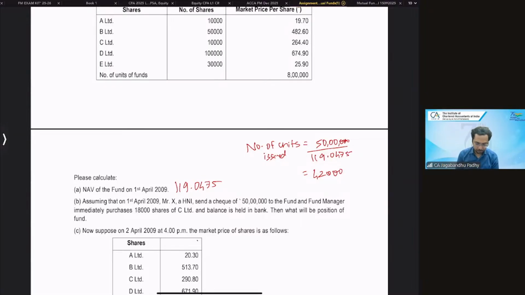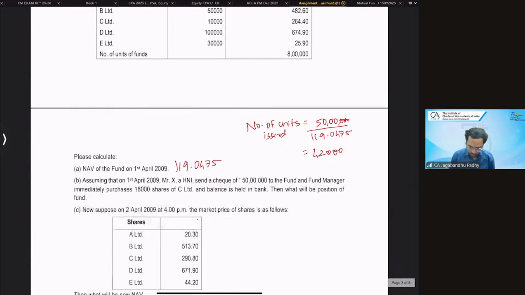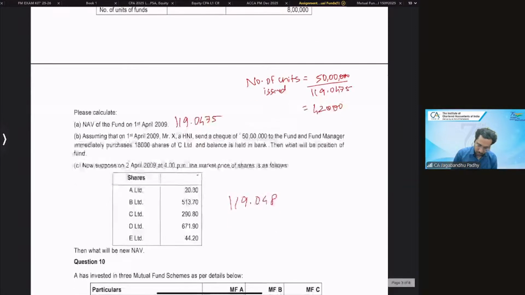Yeah, new NAV would be 119.048. The new NAV? Yeah, 119.048. Perfect, guys.